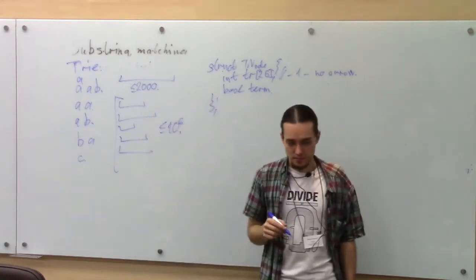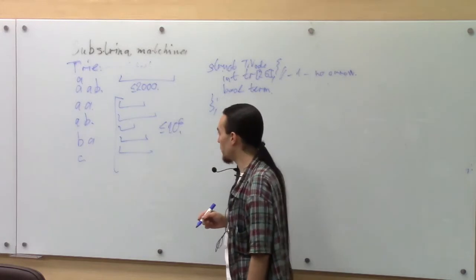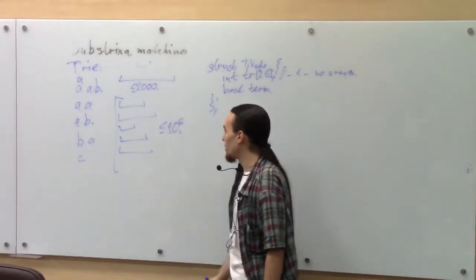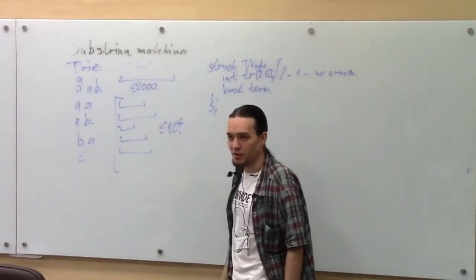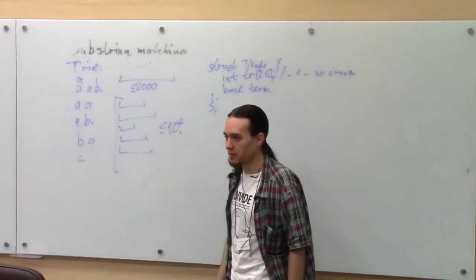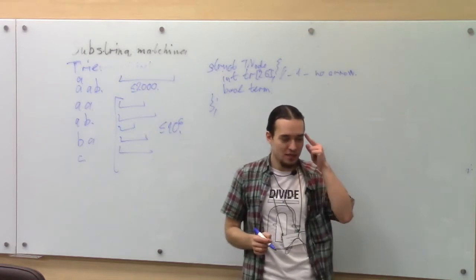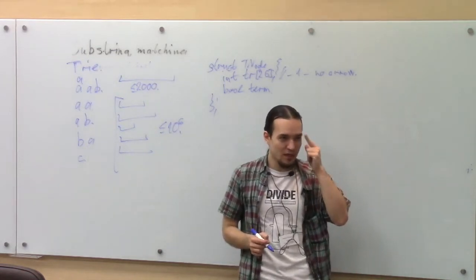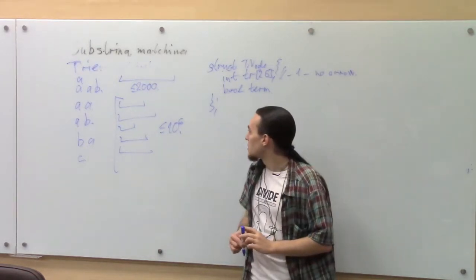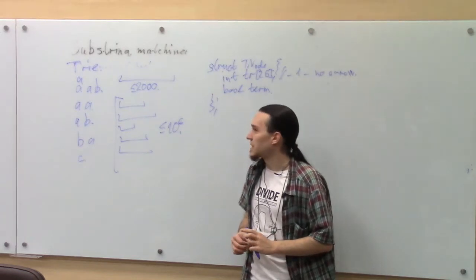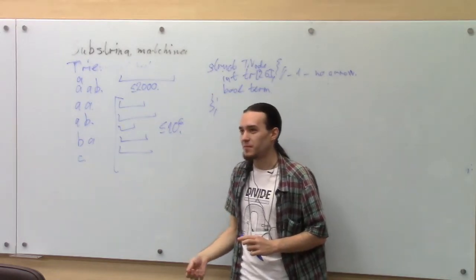Okay. And for each of the templates, we want to find the number of occurrences of this template in the text. So it's a kind of substring matching problem, except we have to process many queries.